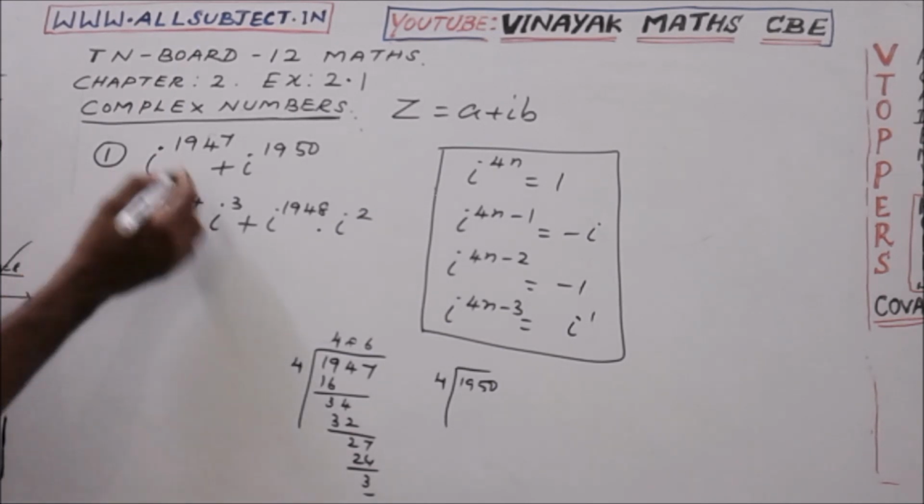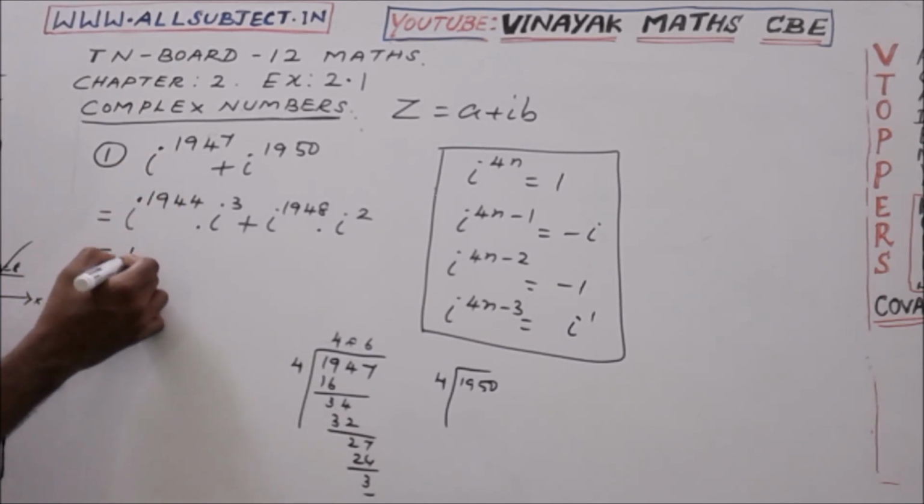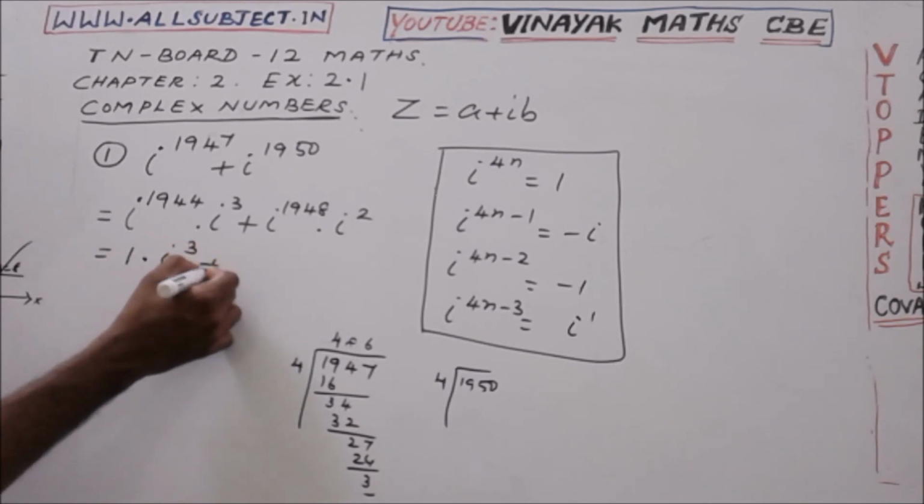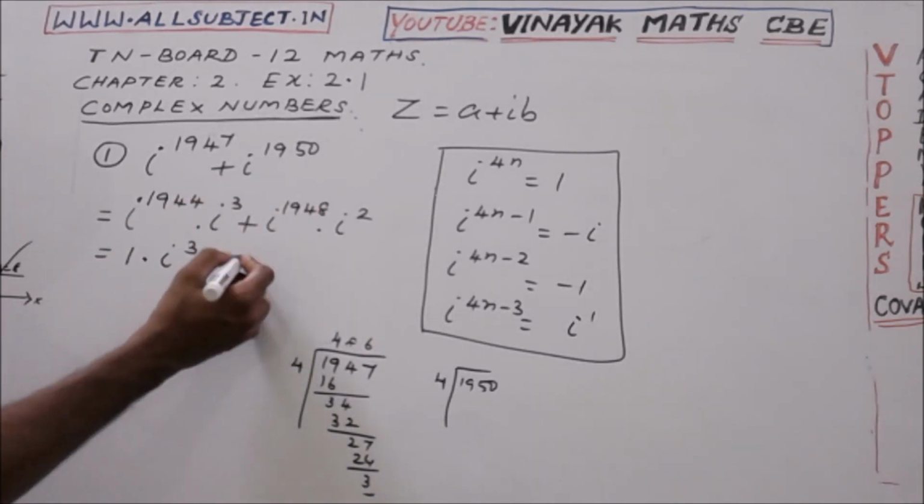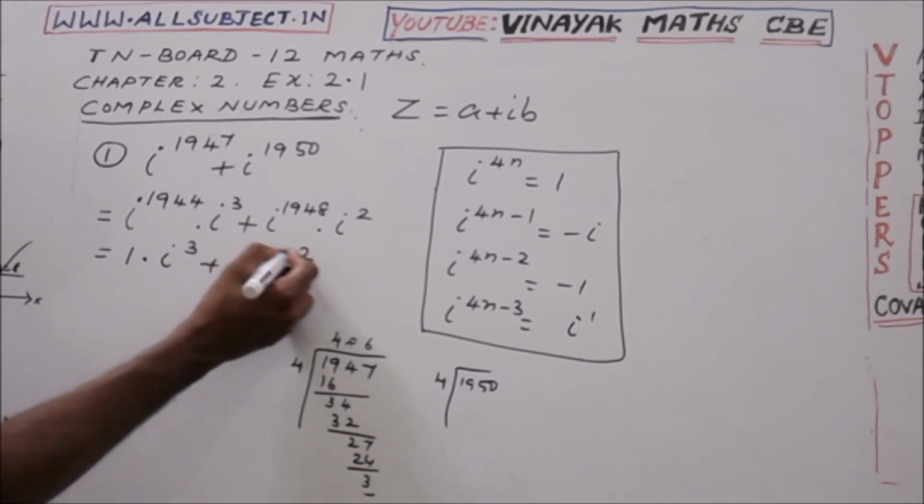Since these are multiples of 4, we can write it as 1 into i power 3 plus 1 into i square.